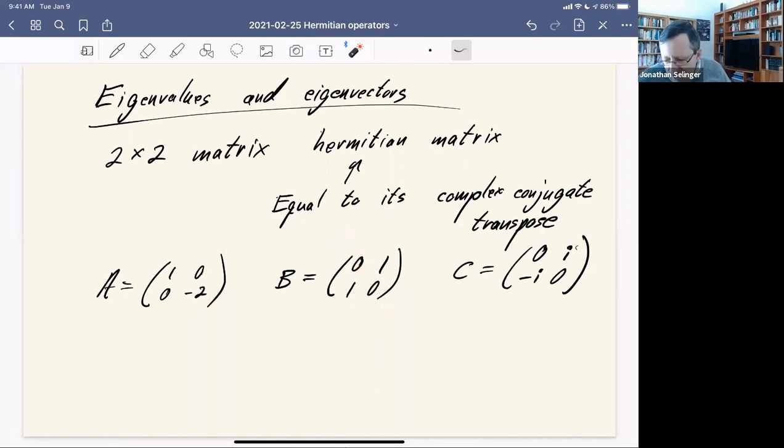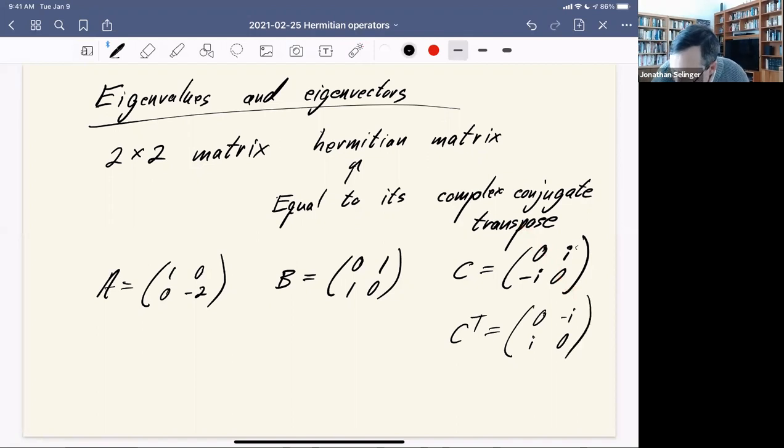With C, it is not real, it is not symmetric, but if you take the transpose, C transpose is 0, minus i, i, 0.